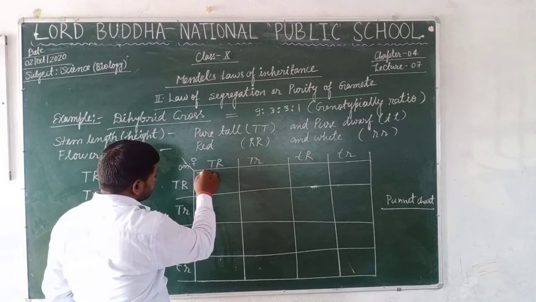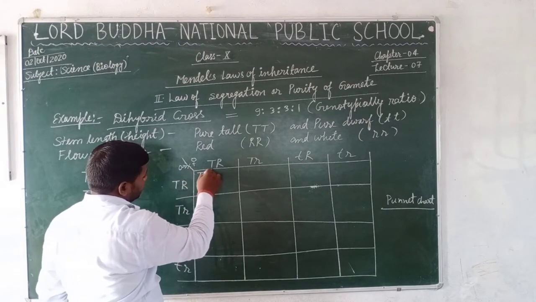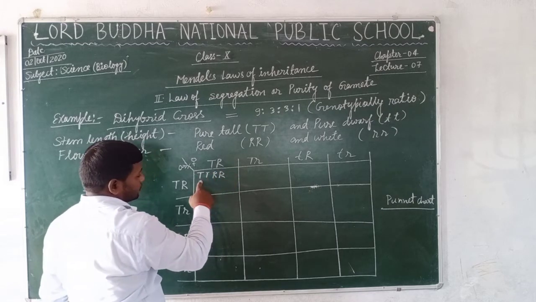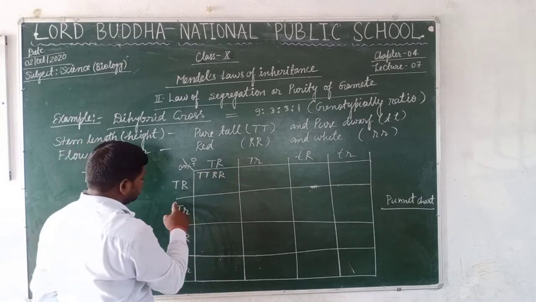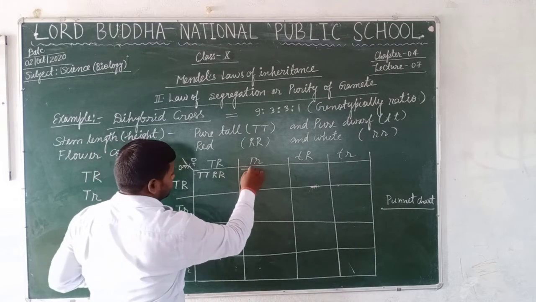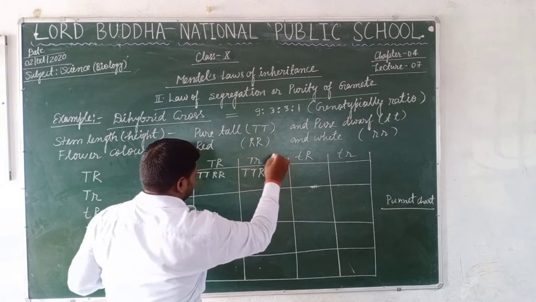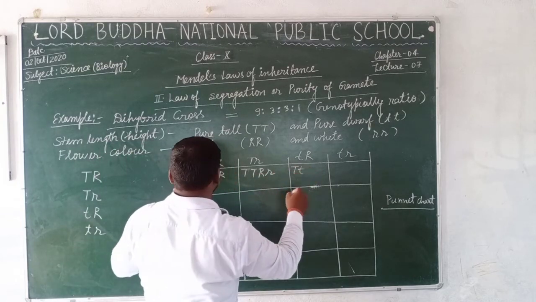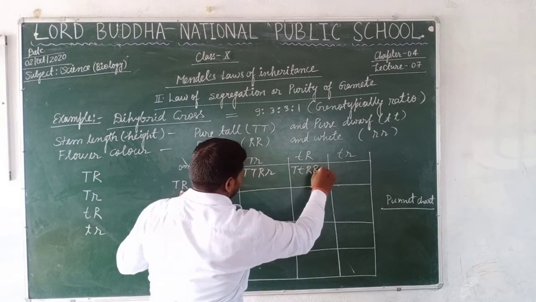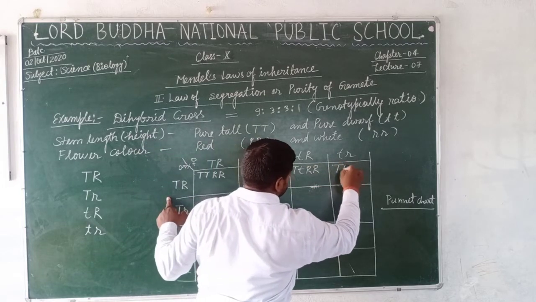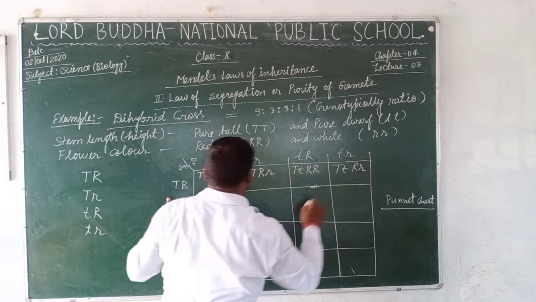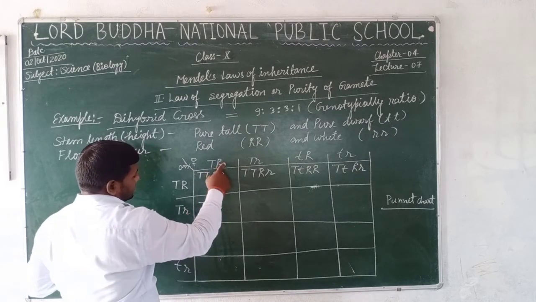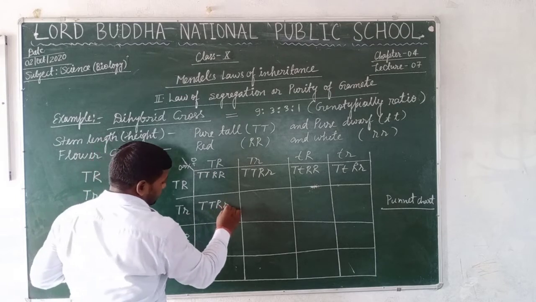So here I multiply capital T capital R, not T square, not R square. And now here capital T capital R, small r. The resultant traits are capital T small t capital R, capital T small t capital R small r.